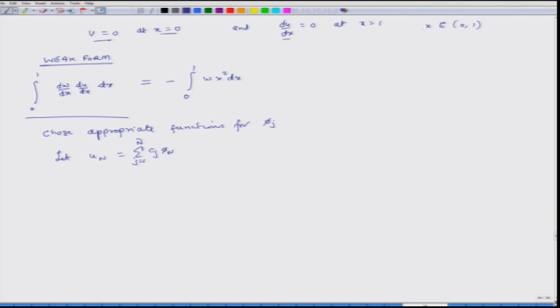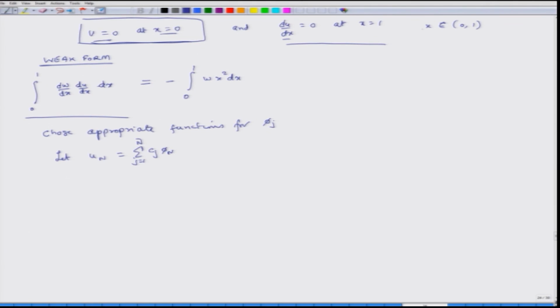Suppose this is an n term solution, and what kind of approximation function do we choose which ensures that its variation is 0 at x is equal to 0, but its value should not be 0 at x is equal to 1. Okay.